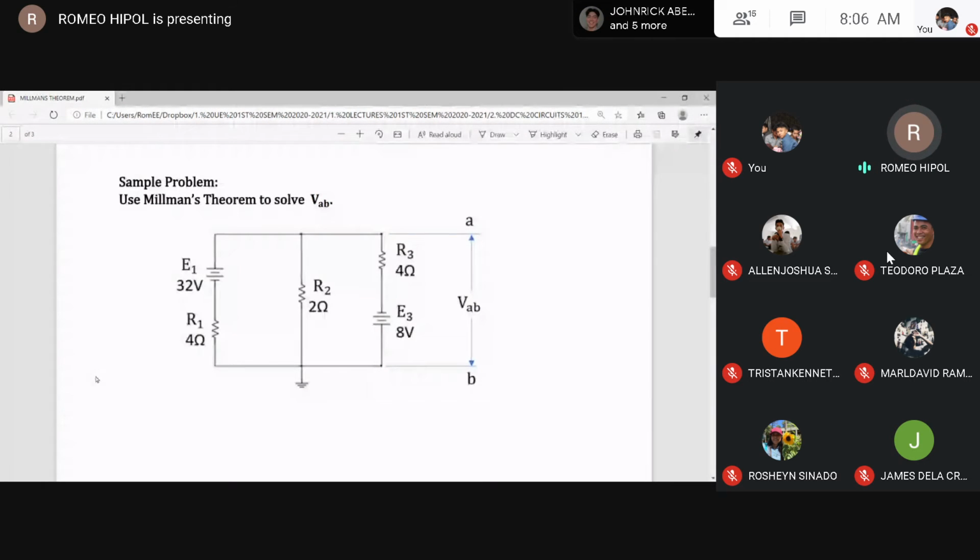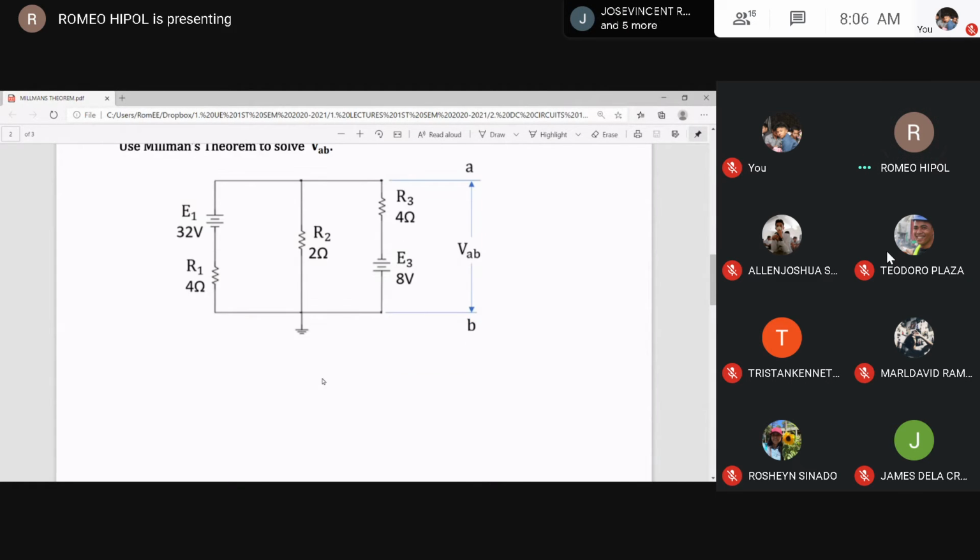Hello, hello. Okay, so continue natin. So, inayos ko na. Solution, so, rewrite. So, for terminal voltage AB is equivalent to E sub 1 over R sub 1 plus E sub 2 over R sub 2 plus E sub 3 over R sub 3 divided by the sum of the conductances of each branch.